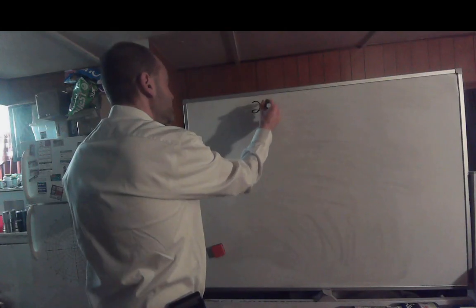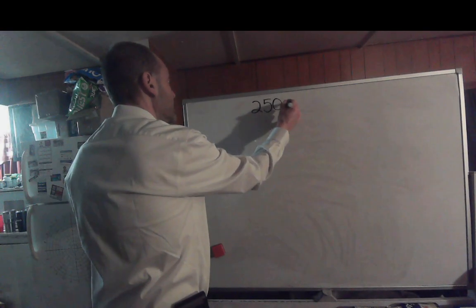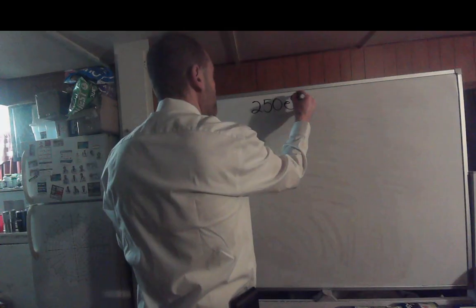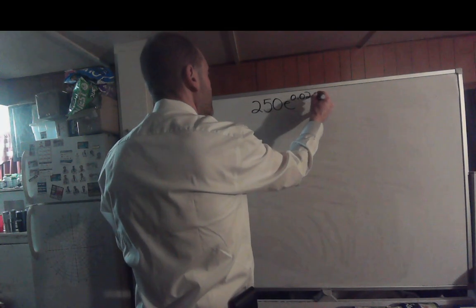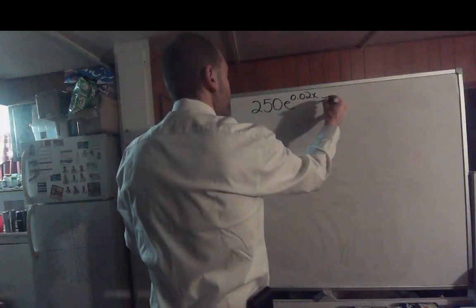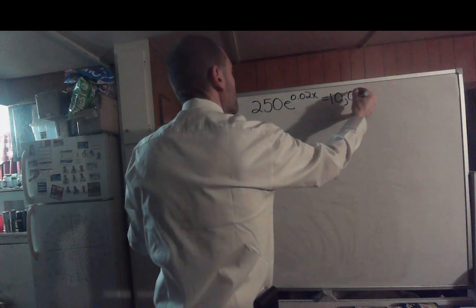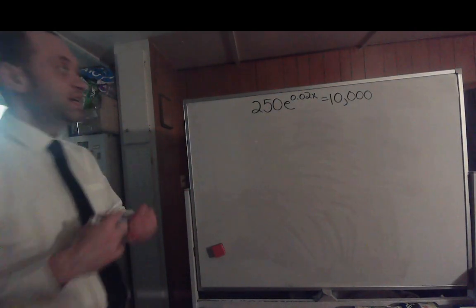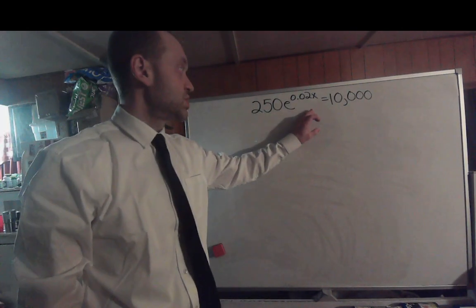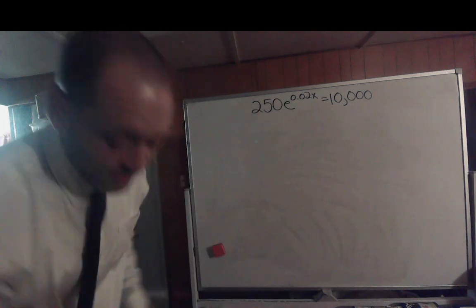All right, let's see. 250 times e to the 0.02x equals 10,000.